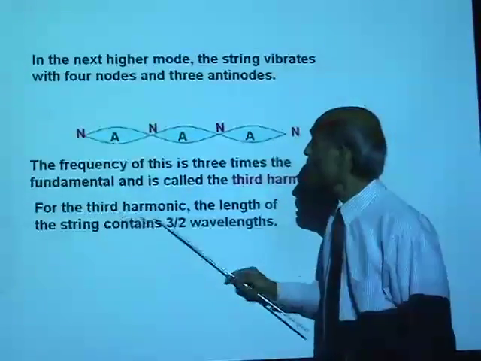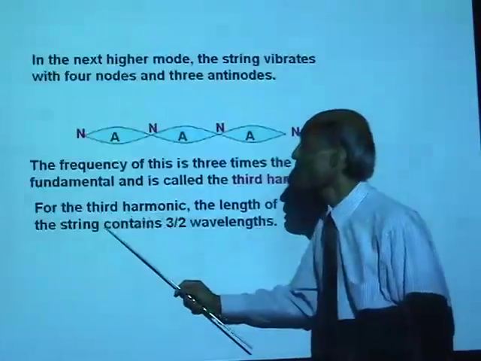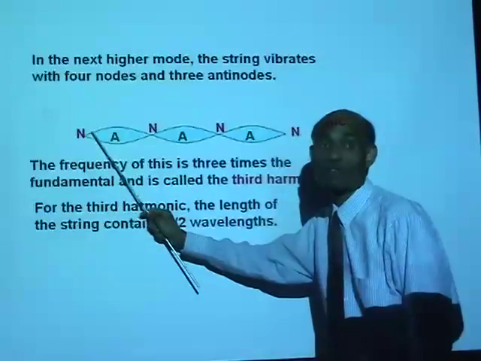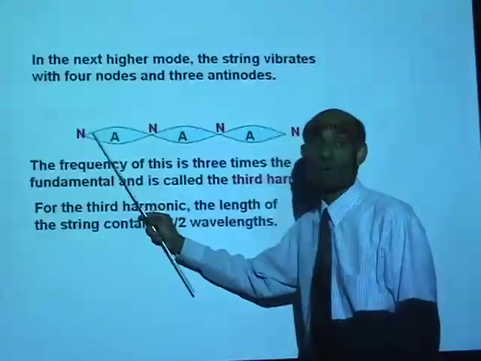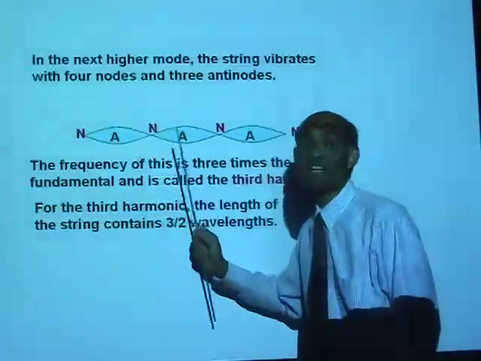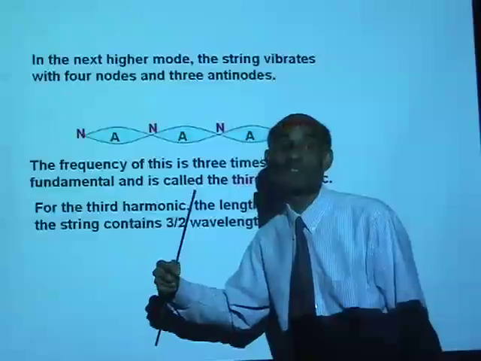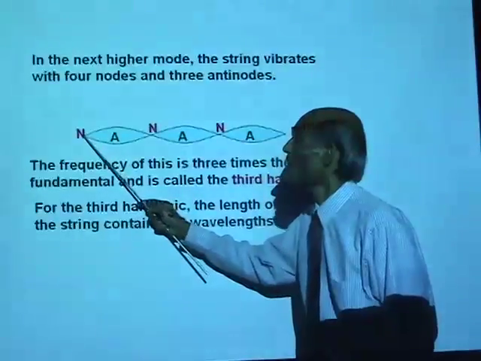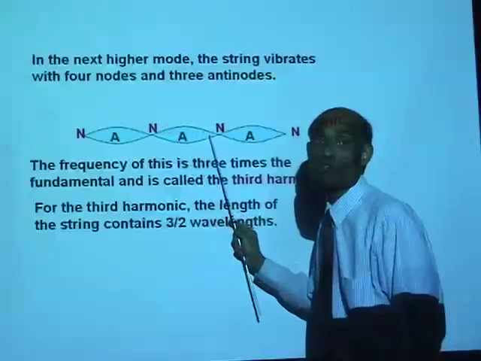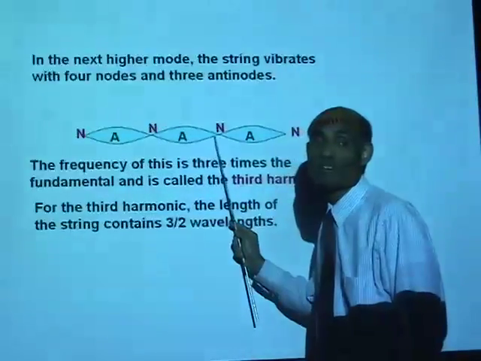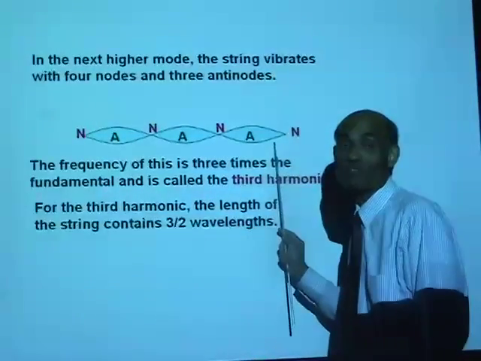Now for the third harmonic, if you notice, this is the total length of the string. The total length of the string contains now how many waves? Now, one full wave is a distance between 2 alternate nodes. That is one full wave, and this is a half wave.